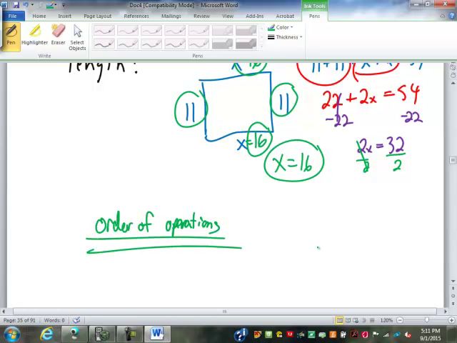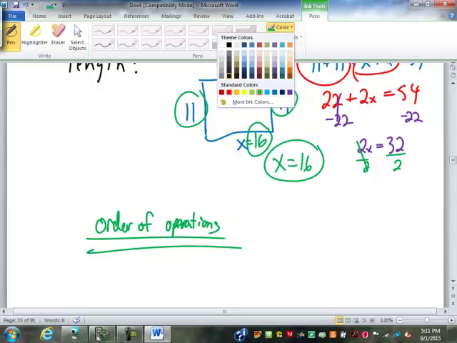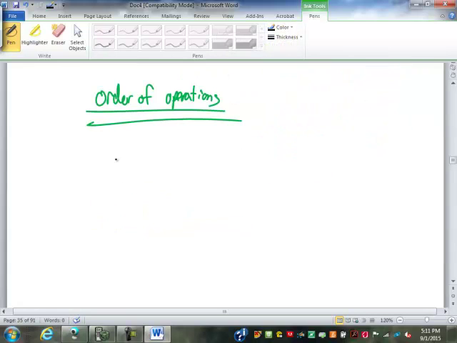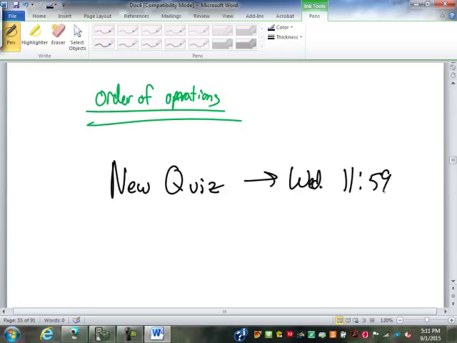There is, it should already be open, a new quiz that is due tomorrow, Wednesday, at 11:59 p.m. And there is still a new homework that is due Thursday at class time.